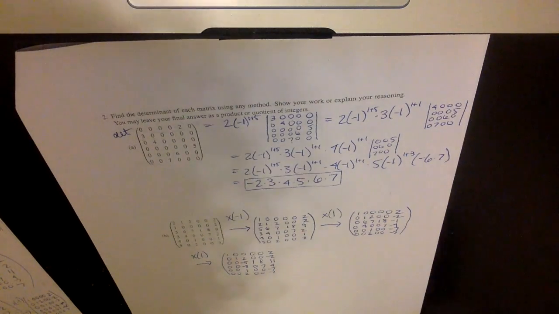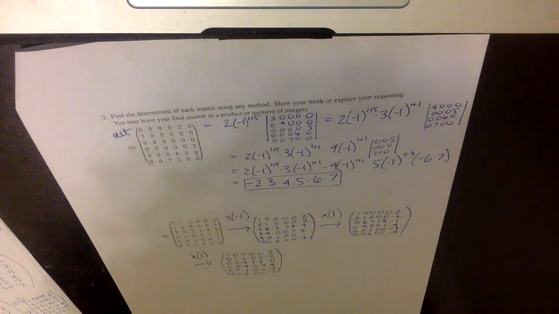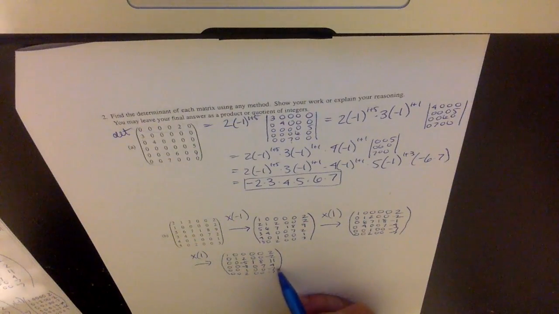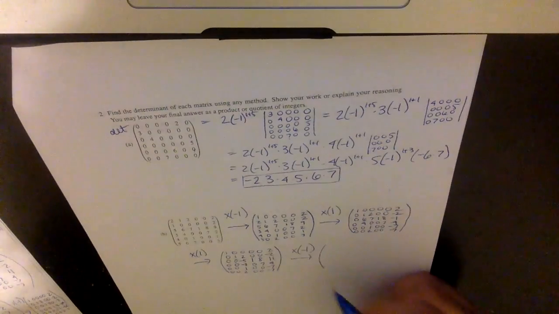Now I'm going to use a row swap, and I'm going to move this fifth row up into the third row spot. So I'm going to swap row 5 and row 3, which is going to change the sign of my determinant.